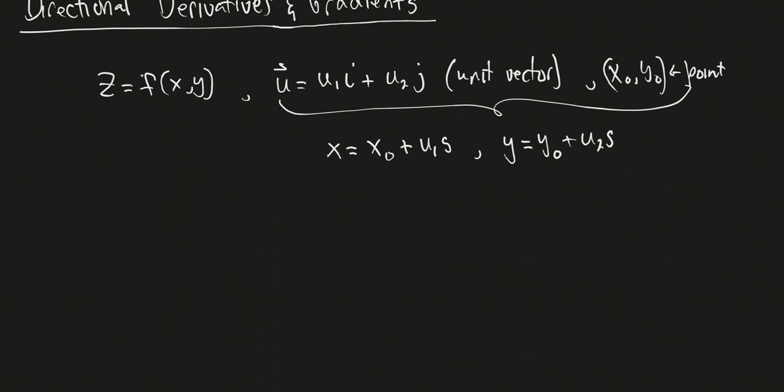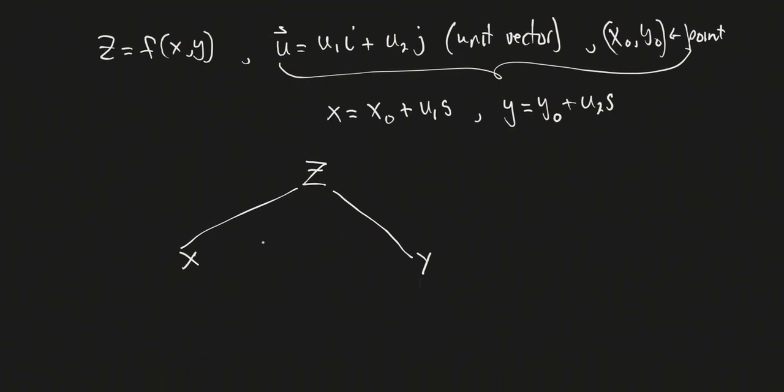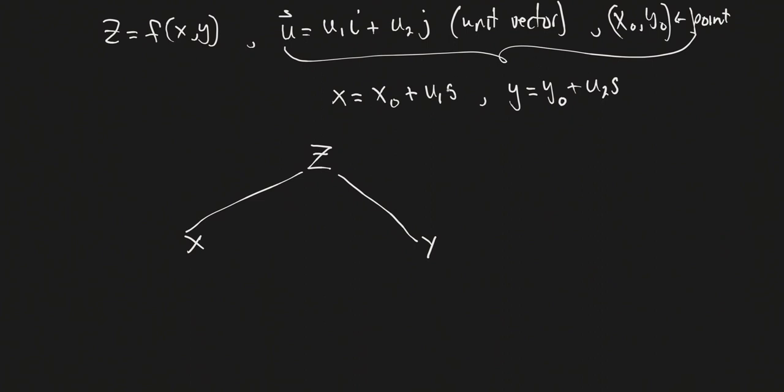So let's actually represent this scenario using a tree diagram that we previously did, right? So we have our surface z, or if you want to use f, that's fine. But z depends on x and y, right? These are independent variables. But then when we throw the line in the mix with these parametric equations, the x value on the line depends on s, and so does the y value on the line.